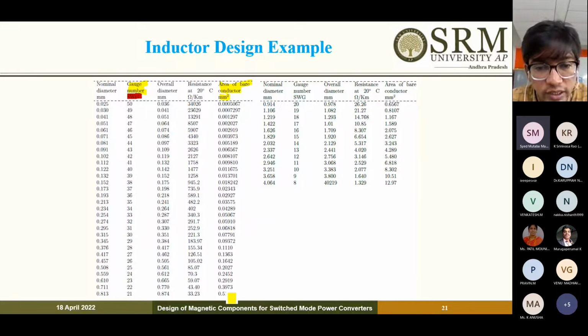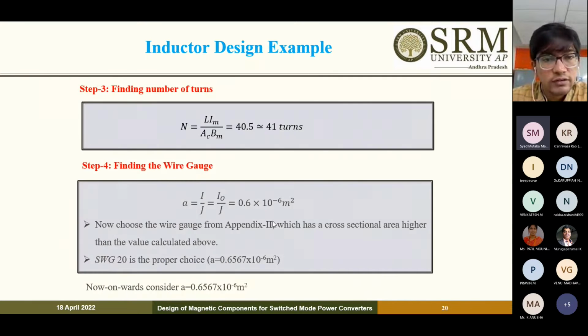This is not suitable for our application. If you see SWG 20, the standard gauge wire, the area of conductor is 0.6567, which is more than 0.6. So we need to use the gauge wire of 20; SWG 20 is the proper choice.